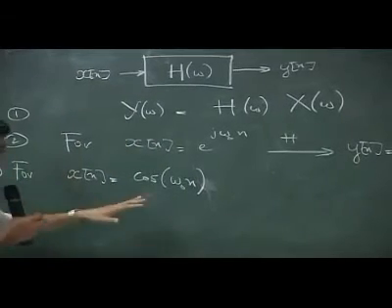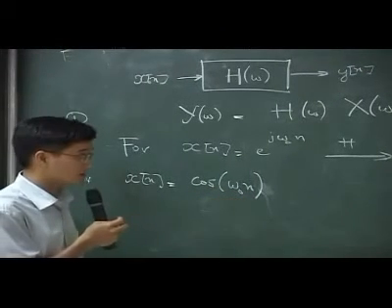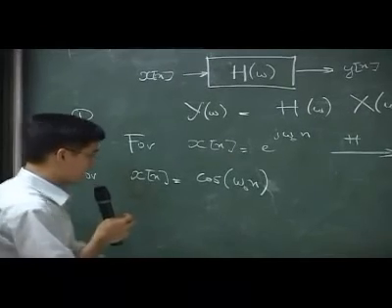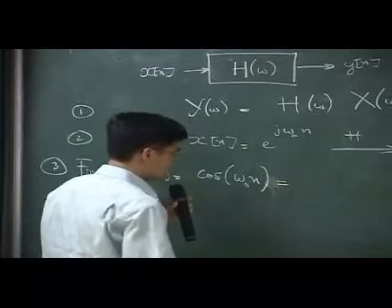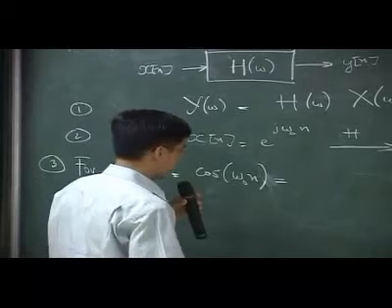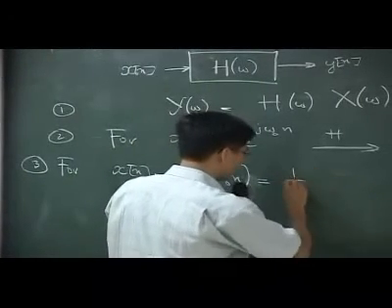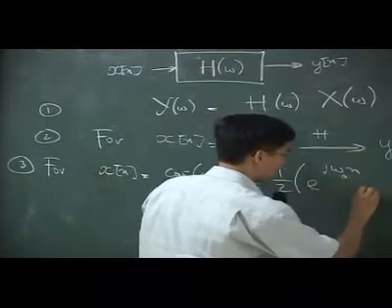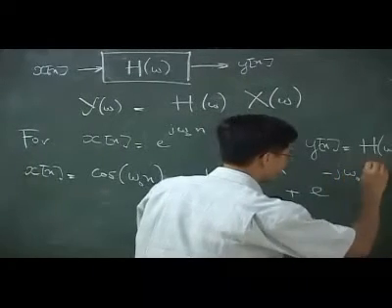So this is a very simple cosine signal. It can be written using the Euler formula: this is equal to 1/2 (e^{jω₀n} + e^{-jω₀n}).